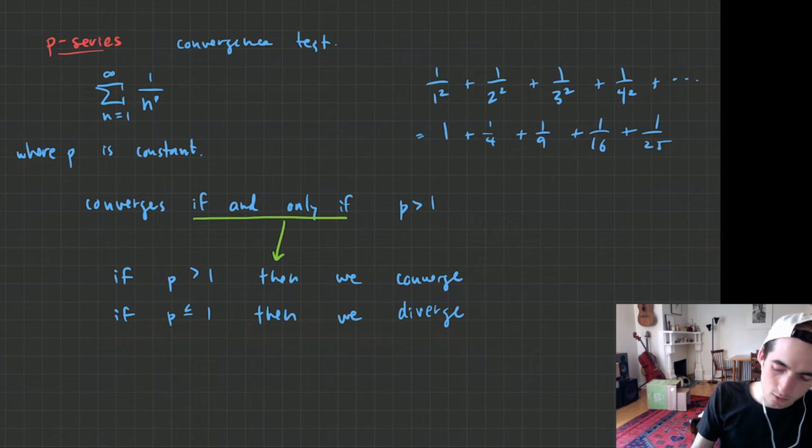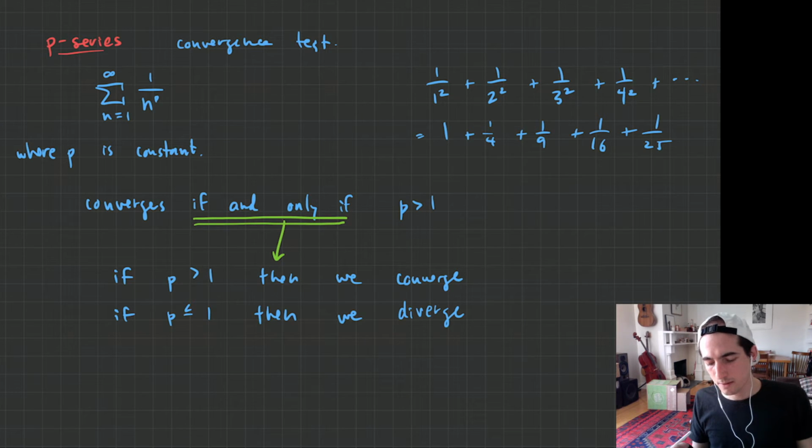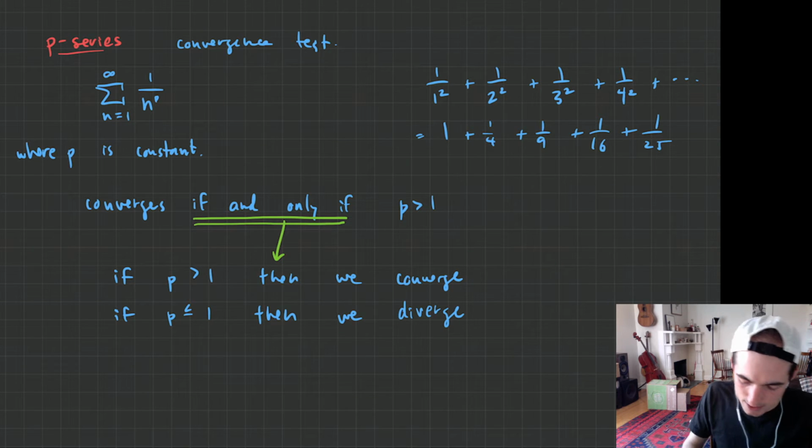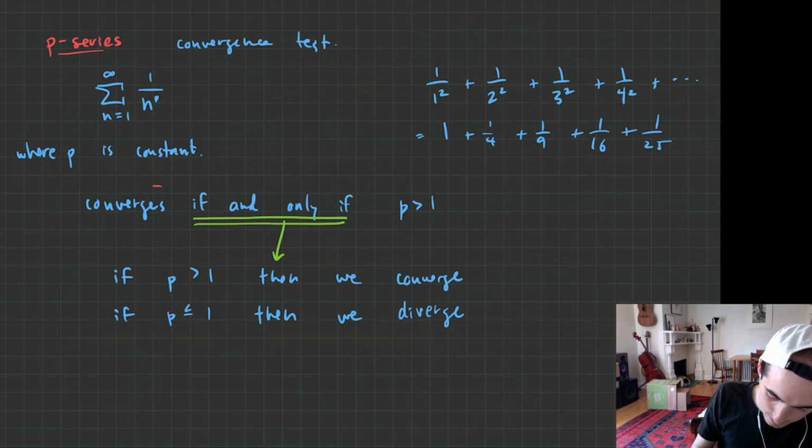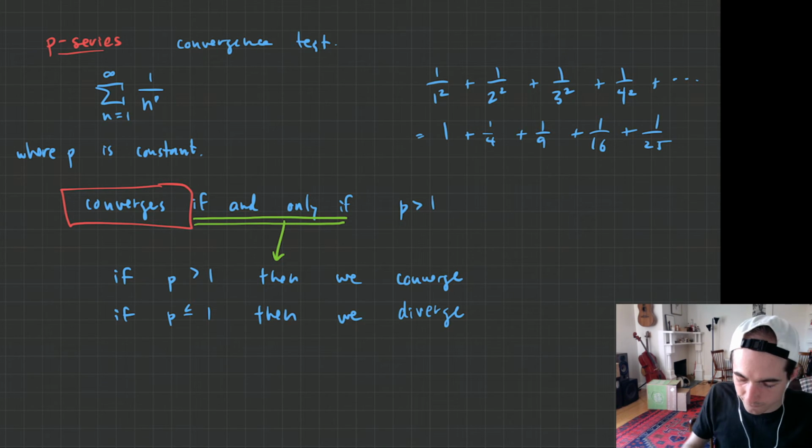Okay? So if and only if statements are the kind of statements that most people think of when they think of an if-then statement, right? These two things go hand in hand. So this p series converging is equivalent to p being greater than 1.